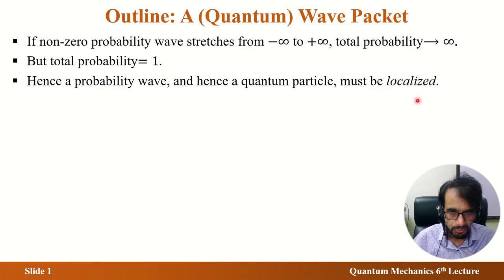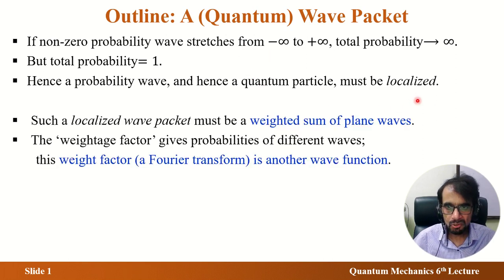So that's one thing. The other thing is the mathematical requirement of achieving that aim, the localization: you have to take a linear combination, you can say a sum, of plane waves.